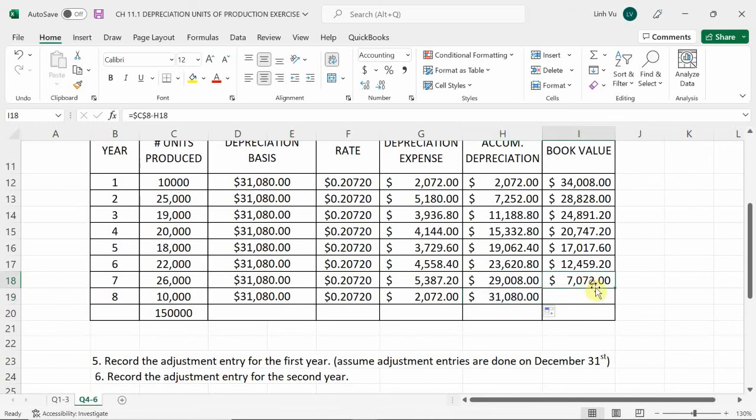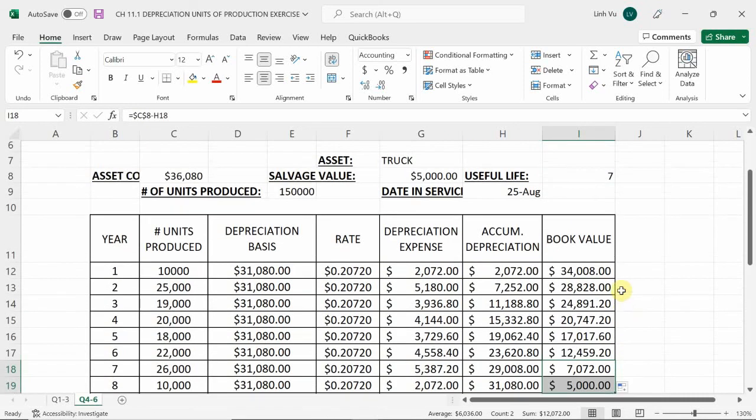So therefore, what is my total book value at the end of the 8th year? $5,000.